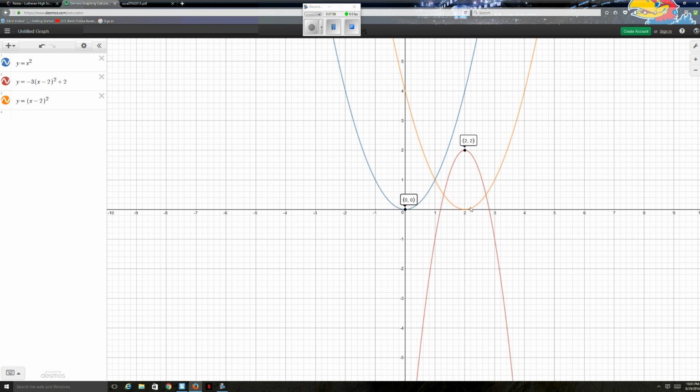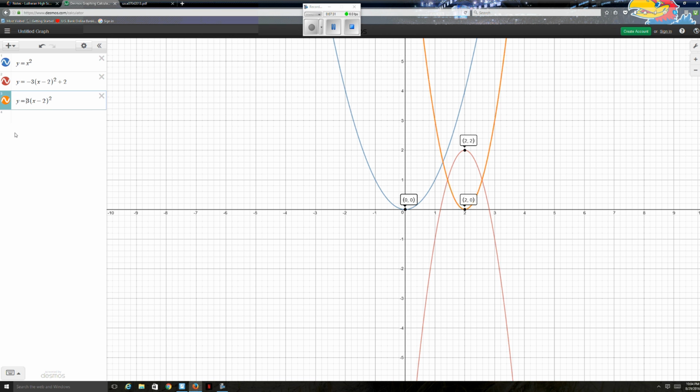So notice I've moved it right 2. The next thing I'm going to do is multiply it by 3. And remember, it got skinnier. So my point has moved right 2, and the y value is times 3, but you can see how it got skinnier.